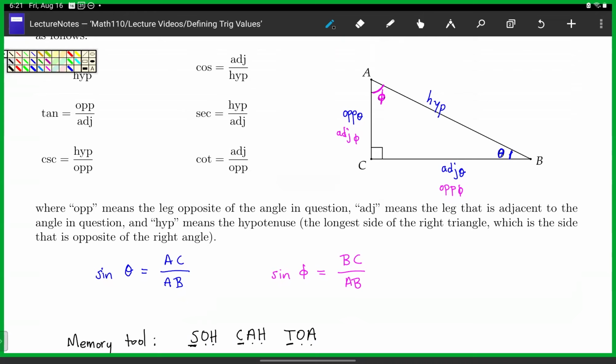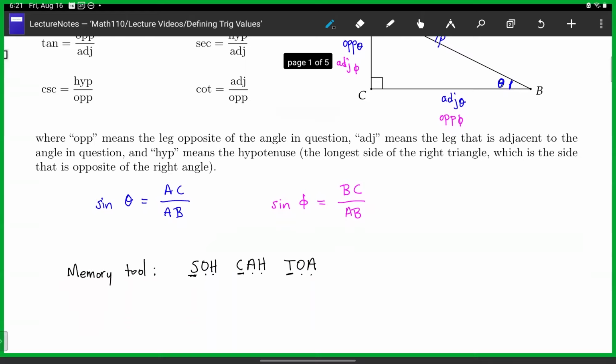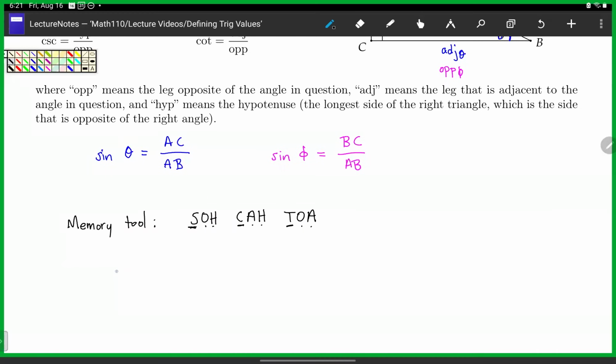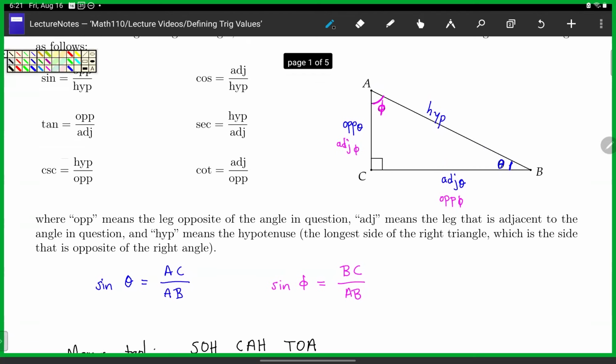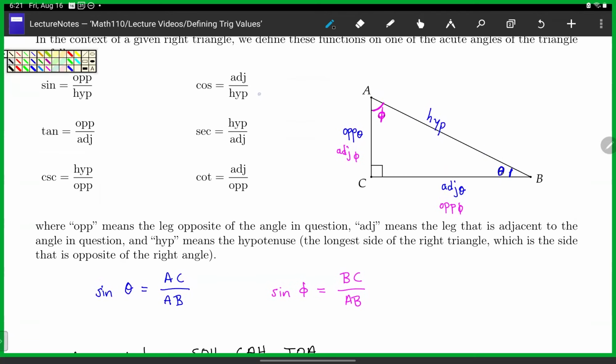So that gets you sine, cosine, and tangent, and then we have the secant, which is the reciprocal of cosine. So you can see secant and cosine are reciprocals of each other. Cosine is adjacent over hypotenuse, and secant is hypotenuse over adjacent.